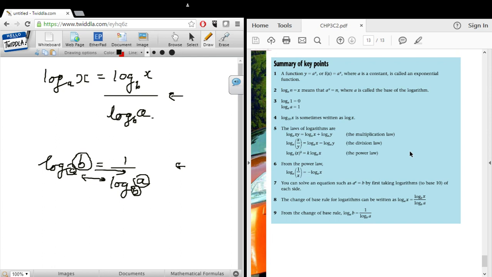All you need to do is appreciate the laws or the rules or the formulas as they've been phrased, and substitute in the values, and then you'll get an answer. So it's very machine-like, and it shouldn't cause you any problems.